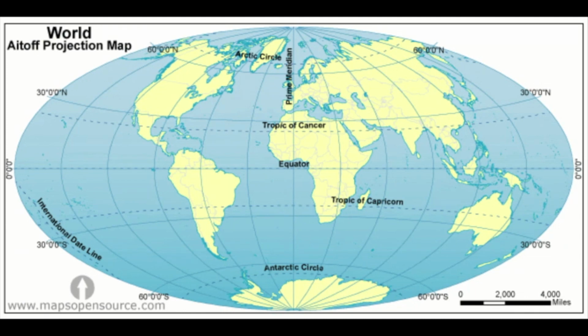So it's for finding the straight line directions that you would need to get to different places. There are many azimuthal projection points. This Atoff projection is just one of them.